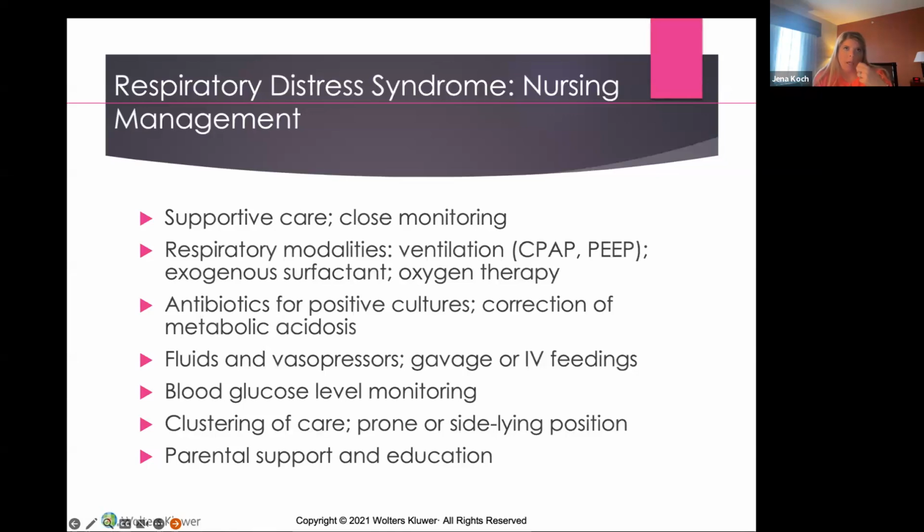So who can provide me an example of a newborn that has RDS that would need antibiotics? If they have pneumonia. Oh, there's two answers there. Try again, I heard you both talk at the same time.